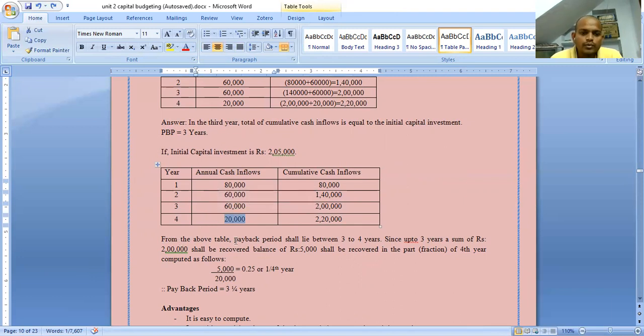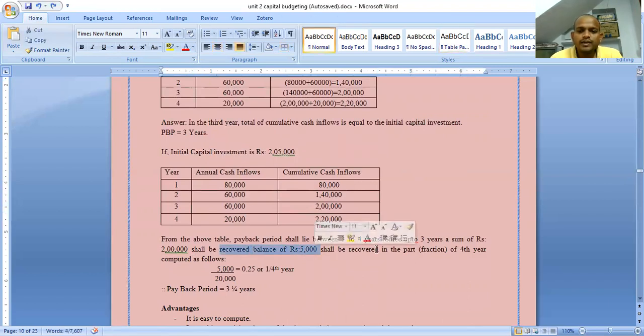From the above table, the payback period lies between 3 and 4 years. 3 years completely, but in the fourth year we recover partially. Since up to 3 years a sum of 2 lakhs is recovered, the balance of 5,000 is recovered in a fraction of the year. So how much is the fraction? 5,000 divided by 20,000.